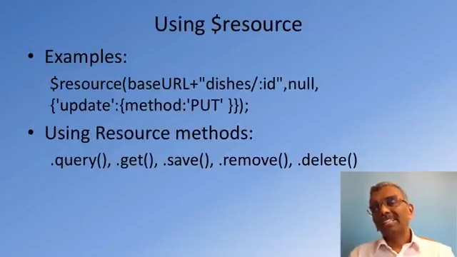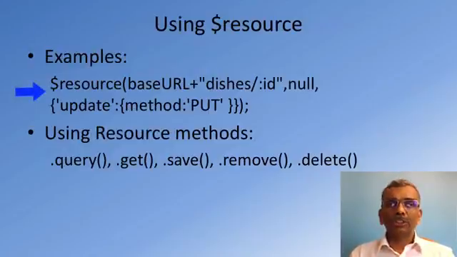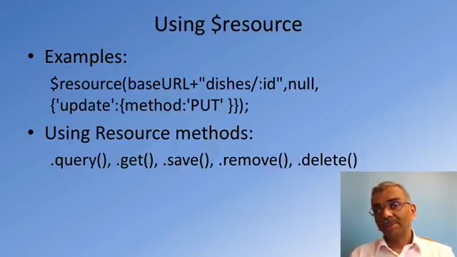Let's look at some examples of using resources. You would declare a resource as $resource, and then you supply the URL and then some methods. If you're going to declare your own custom methods, we'll look at them in a bit more detail. The built-in methods that come with resource are query, get, save, remove, and delete.